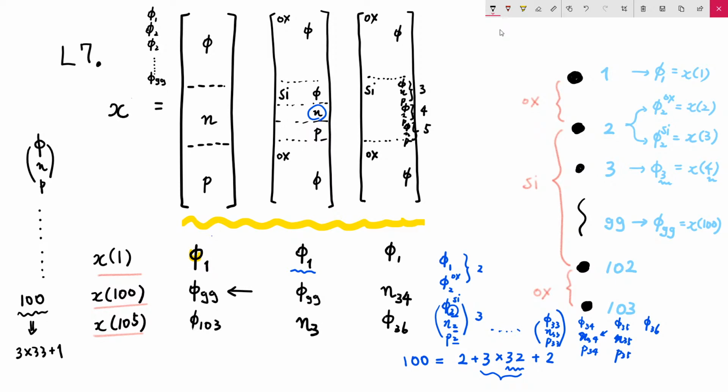So it will be just a potential at the 34th point. And if we have 105, then it will give us 35, so it will be just the 35th point and its hole density.